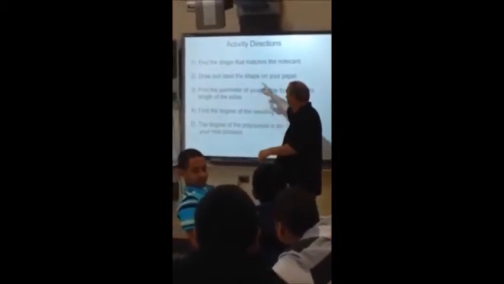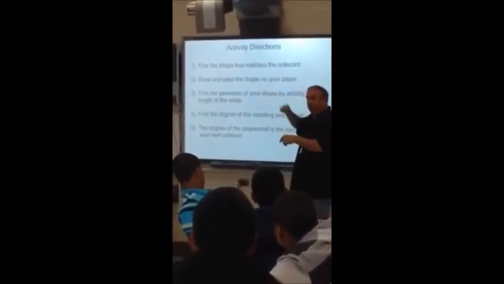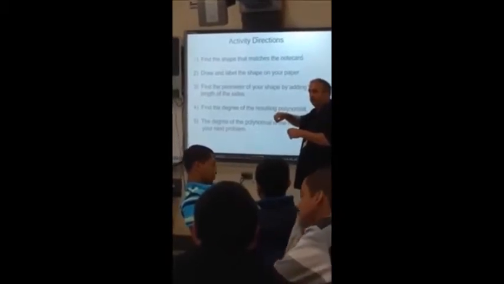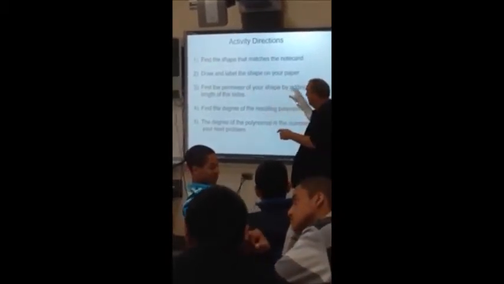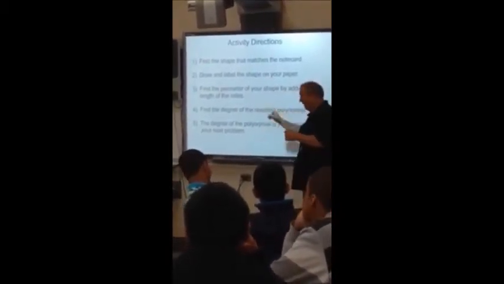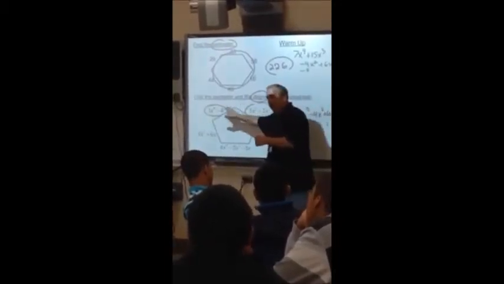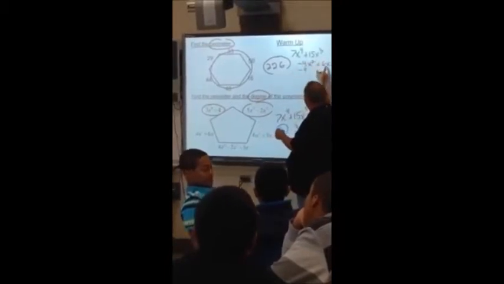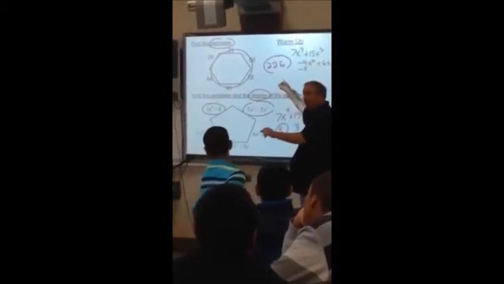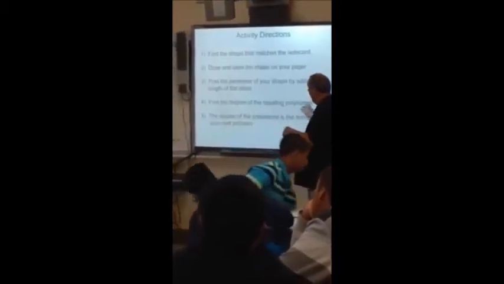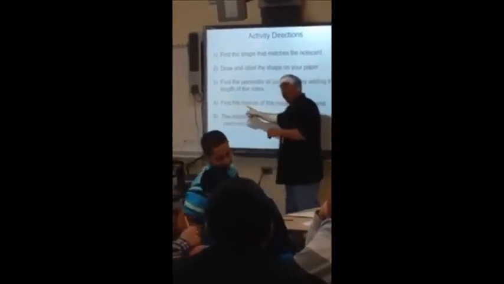All right? Then you're going to draw that shape and label the sides. Once you've done that, you're going to find the perimeter of your shape, adding the length of the sides, just like we did here. We added the length of all the sides, and we found the perimeter. Okay, with me? Once you've done that, you're going to find the degree of the polynomial.